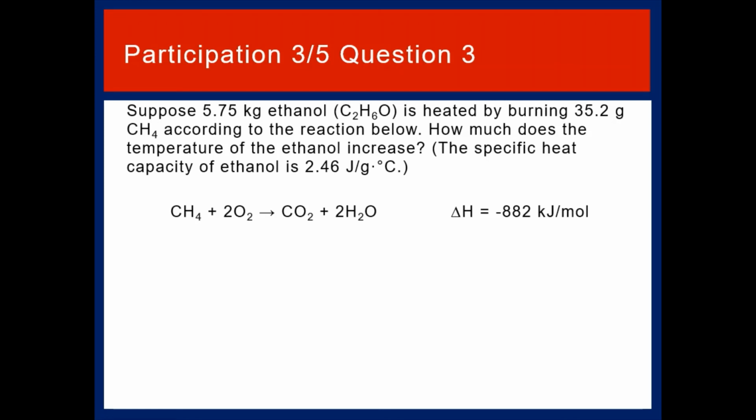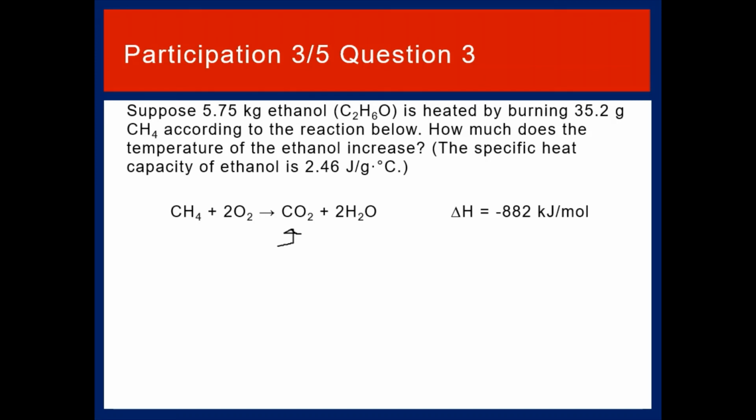The specific heat capacity of ethanol is 2.46 joules per gram degree Celsius. The reaction I'm looking at for the combustion of methane is CH4 plus 2O2 becomes CO2 and 2H2O. I forgot to put gas, but these are all gases in there. And the delta H for that reaction is negative 882 kilojoules per mole.